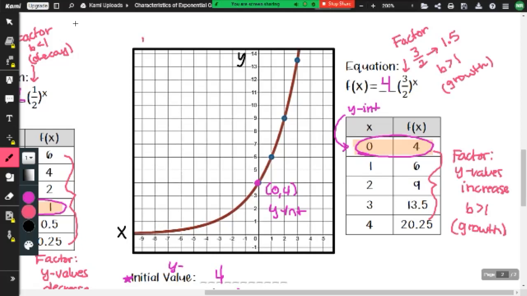Your graph, your line is going in what direction? Up. It's increasing. It's going up. If you see an increase, that means our factor will be greater than 1. So we'll see exponential growth.